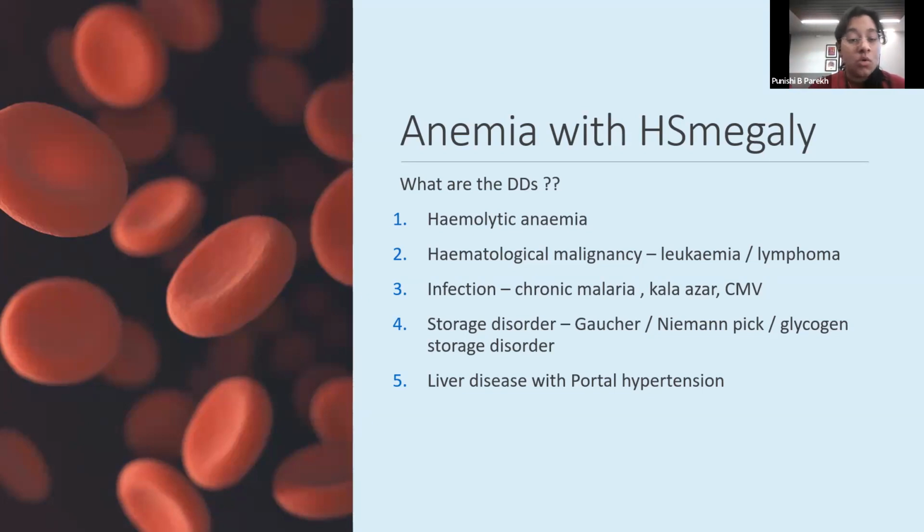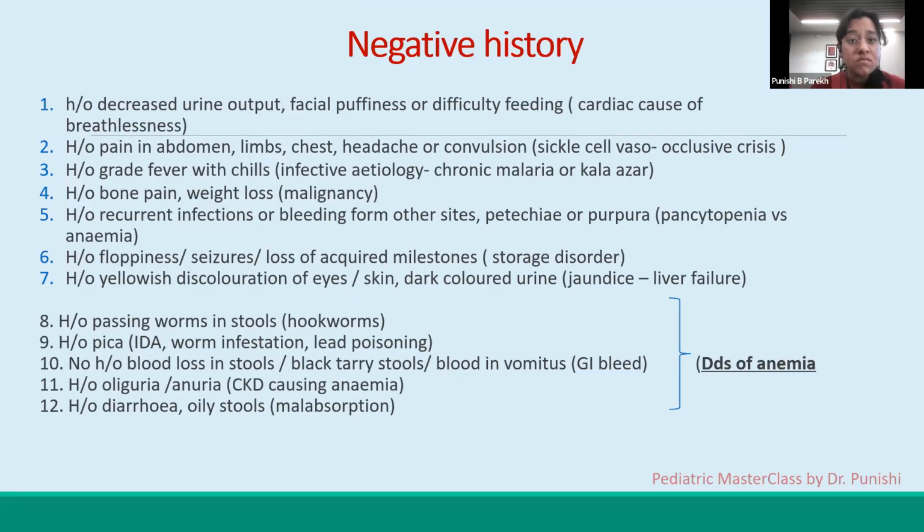So when you talk about negative history, first, because we have breathlessness, which is a pressing issue right now, we need to know the causes of breathlessness. Common causes could be cardiac or respiratory. For a cardiac cause, I've asked for history of decreased urine output, facial puffiness, or difficulty feeding. Now, difficulty feeding can happen even in CCF, not because of a cardiac cause.